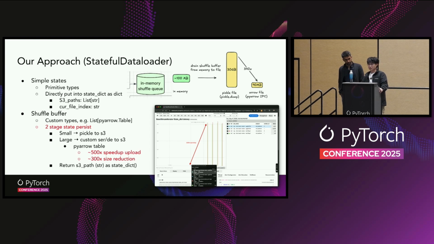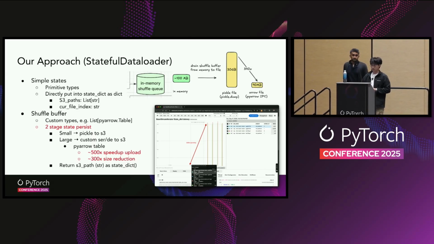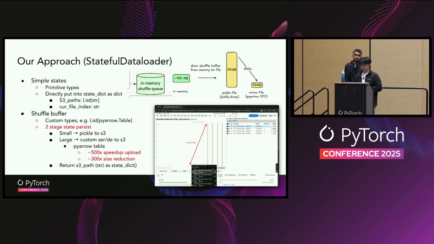So what we pass back to the main process is just a string, the S3 path that you have to look up later. It helps us speed up uploading by 500x, and the 300x size reduction prevents out-of-memory errors when we're doing load_state_dict.